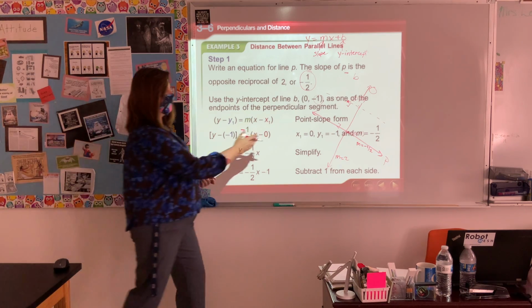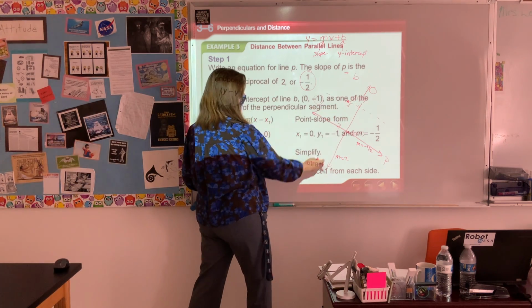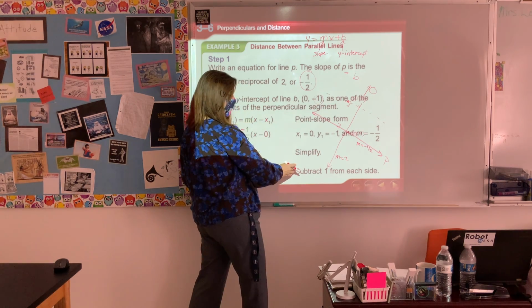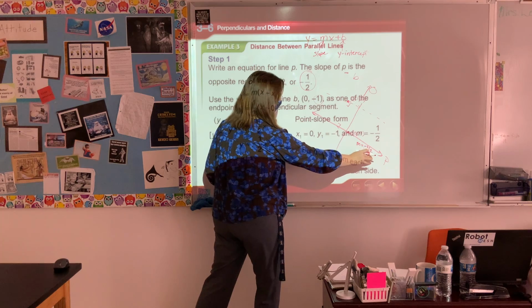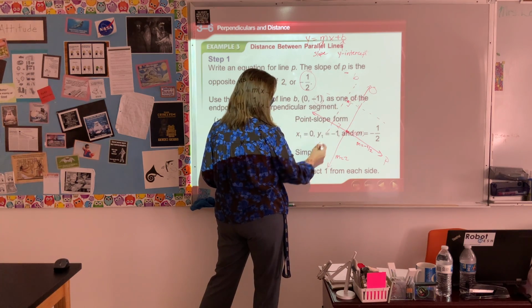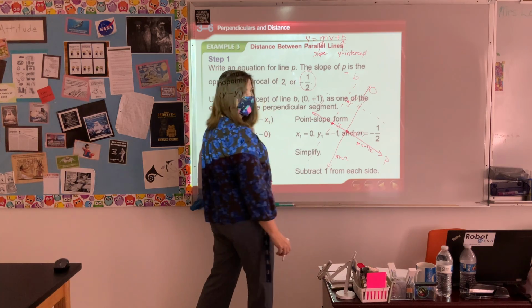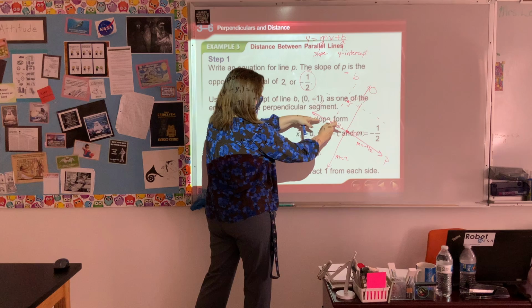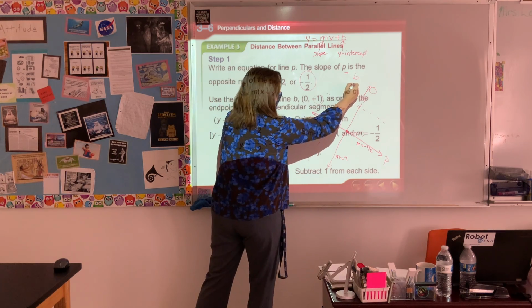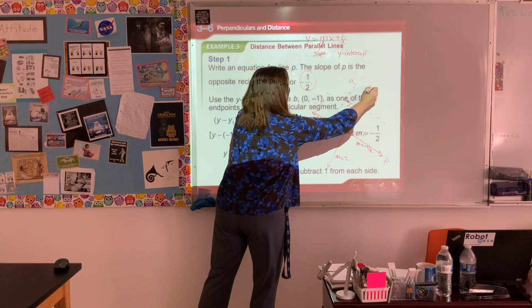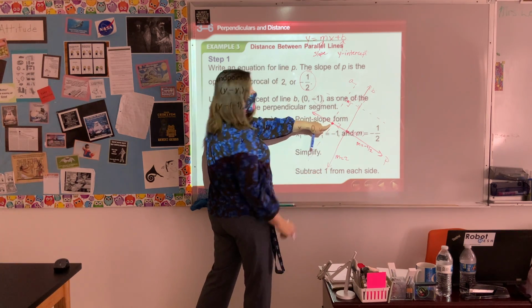So I know the equation of B, I know the equation of A, I know the equation of P, I know this point, but now I need to know what that point is. I need to know the intersection of these two lines, A and B, I need to know what they are.